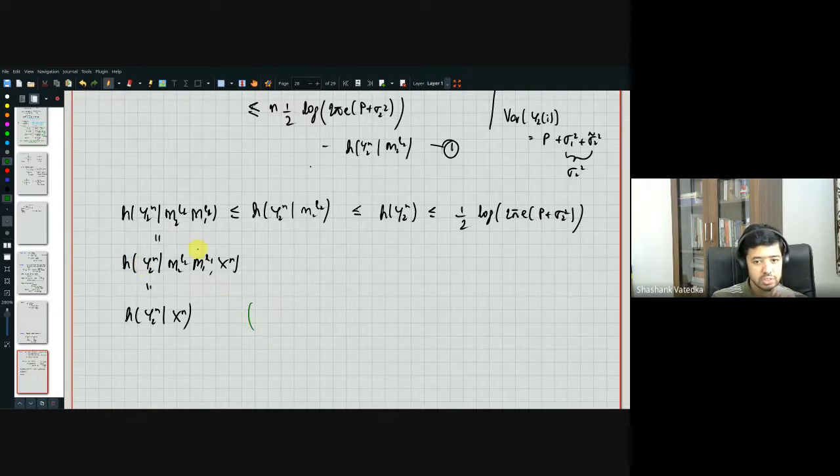So what is the structure of the joint distribution of these three? Here, in some sense, I'm saying that if you condition on xn, then y2n doesn't really depend on m1 and m2. Is that the case?